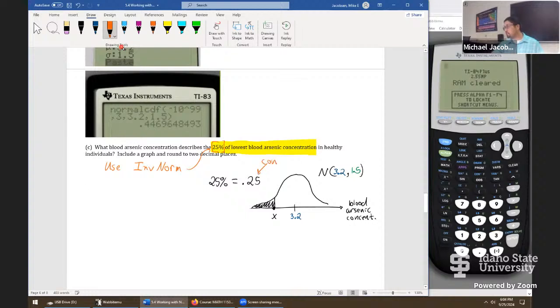Convert to a decimal! That deserves an exclamation mark, and you'll know right away something is going wrong. If you put in 25, you'll just get an error for this kind of problem. So 0.25 is going to be what's described right here for that area.